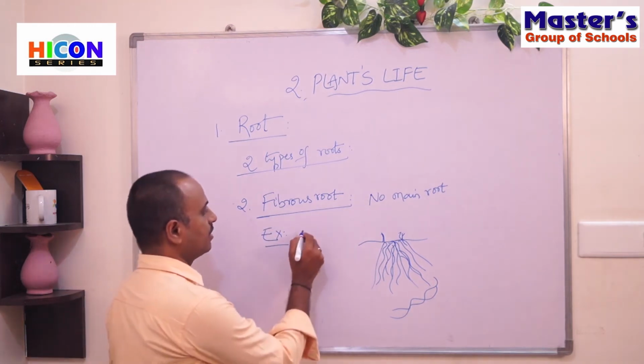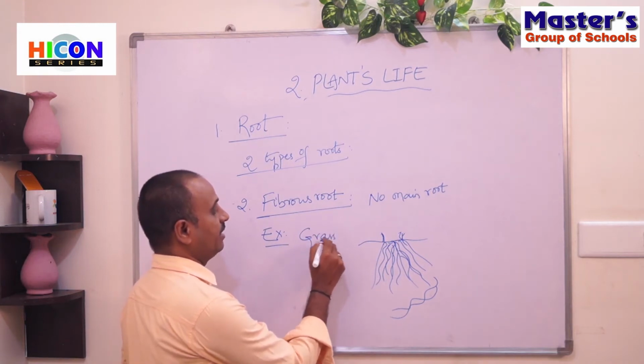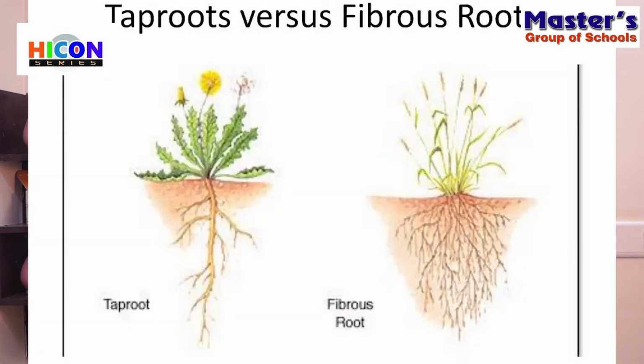That means grass plants and grass related plants, like rice plants, wheat plants, maize plants. All these grass related plants will have fibrous roots.